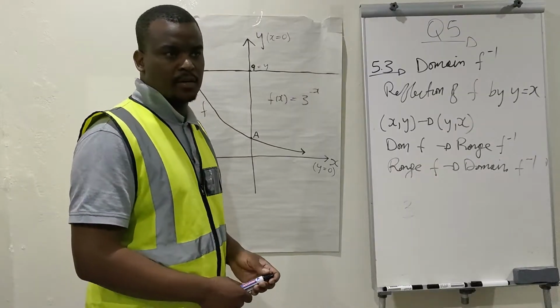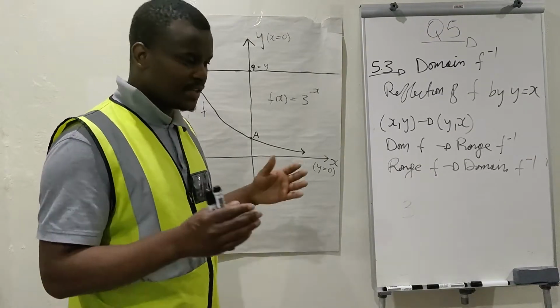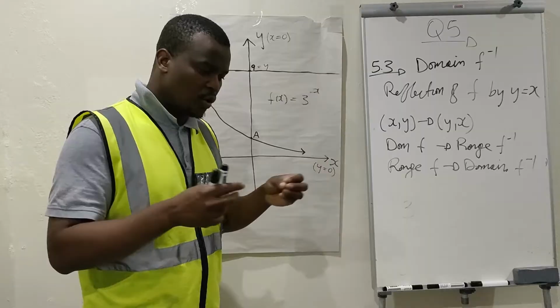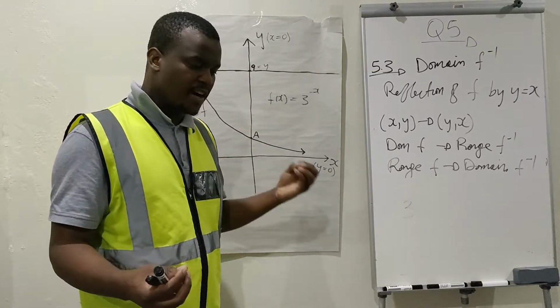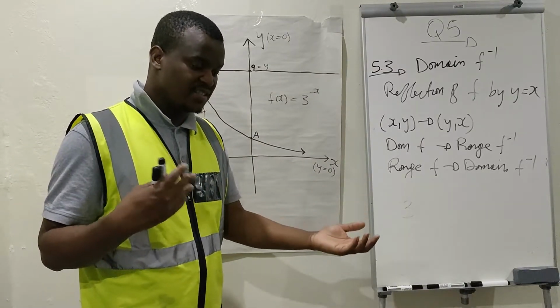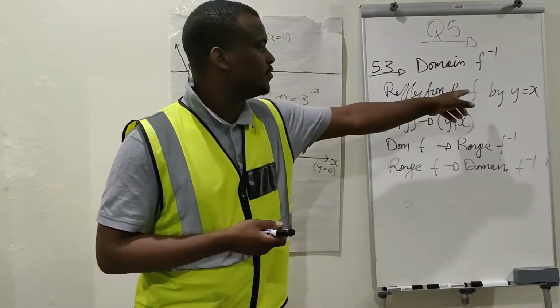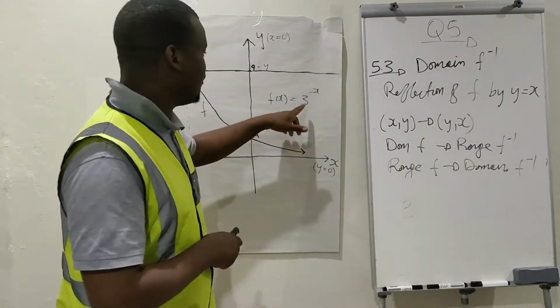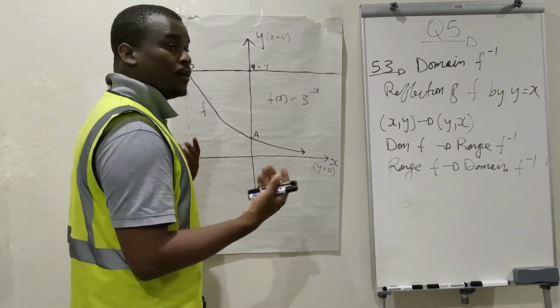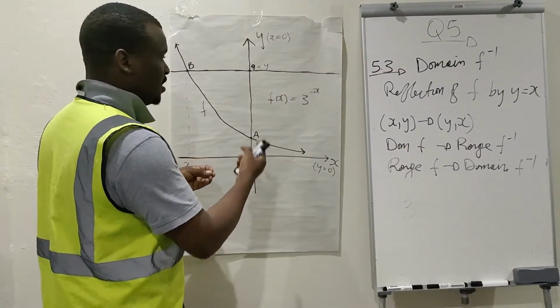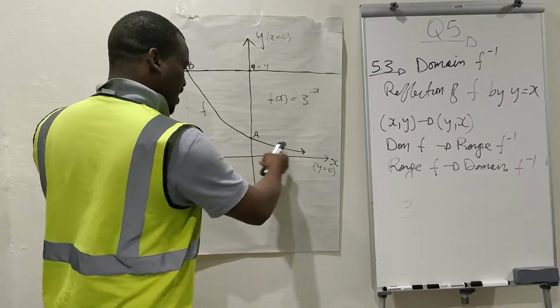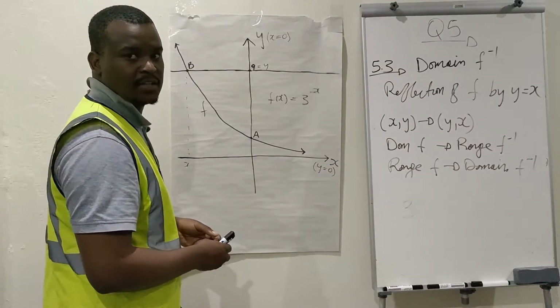What is the domain? A domain is the set of values on which your function is defined. So in this case of f, f is equal to 3 raised to the minus x. f is defined on the real line, right?